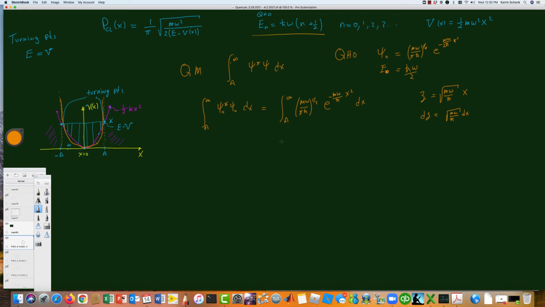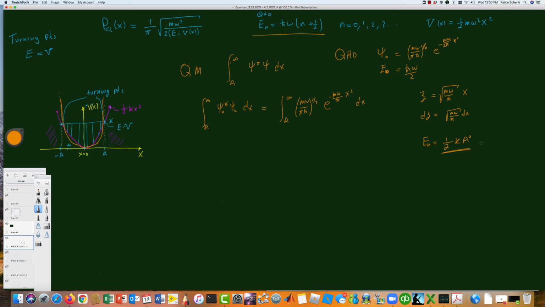Let's think about A. A is the amplitude. Remember that the total energy, E n, is related to the classical 1/2 K A squared. This is the classical version of the total energy of an oscillator.